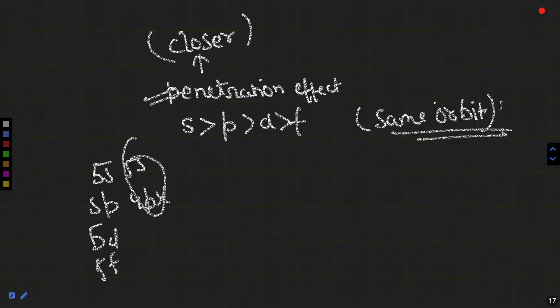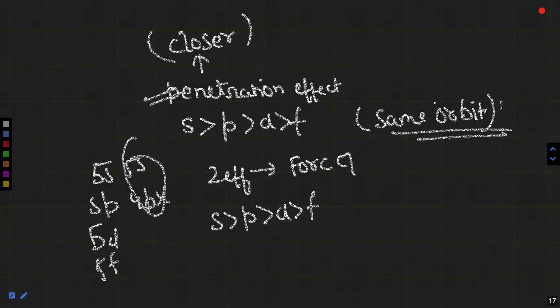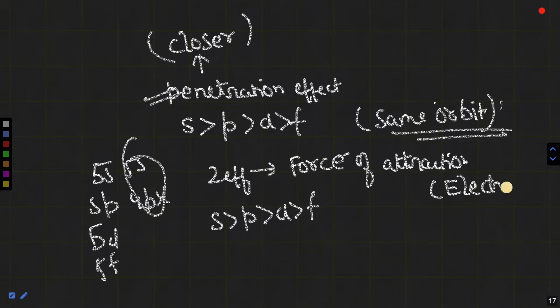Now what I am telling is that Z effective is also higher for S, then P, then D, then F. I have already explained this. What is Z effective? I am telling it once again. It is basically the force of attraction, and it is an electrostatic force, because it is present between two opposite charges.